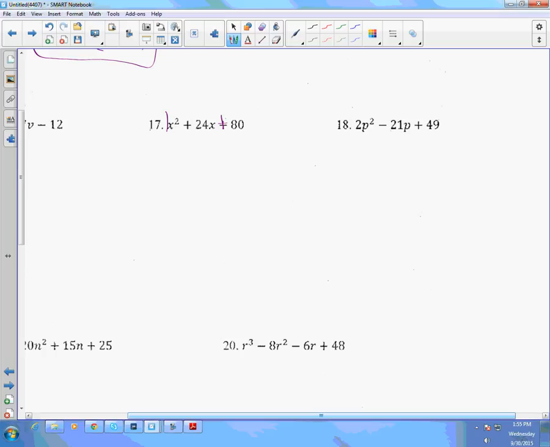So we're going to do our tic-tac-toe method. A times C, add to B. Okay, I want you to try the tic-tac-toe on your own, and then we'll go through and make sure you're doing it well.